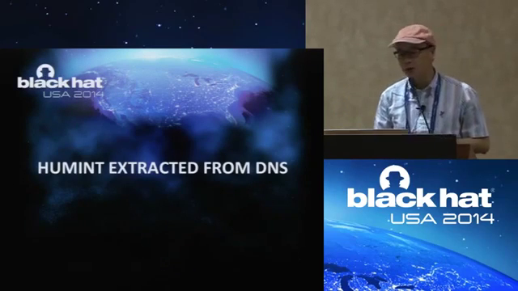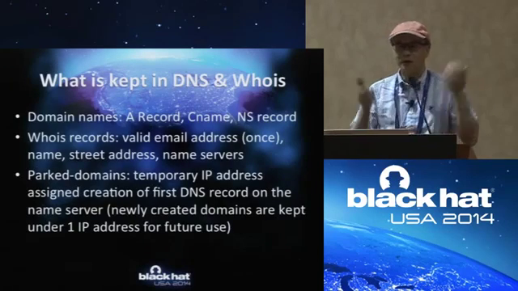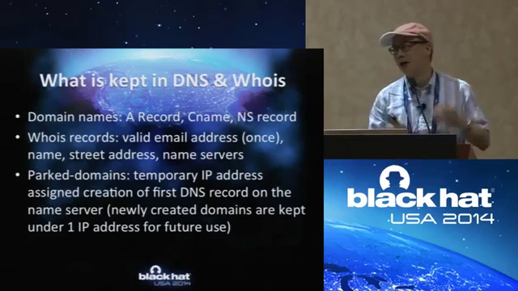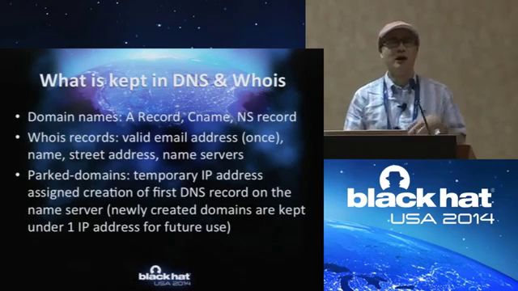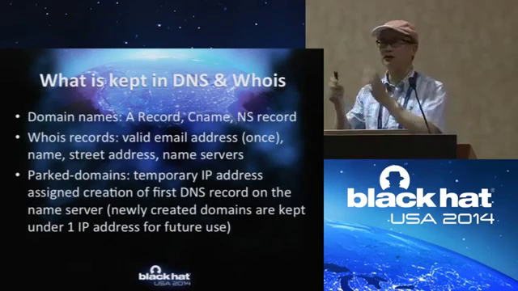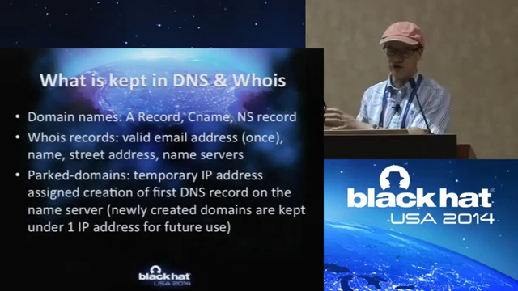So what kind of human intelligence can I extract from the DNS, domain name, host, and parked domain? The parked domain is the IP address where people who registered a lot of domains temporarily need the first IP address to park the domain on an IP address they can control.